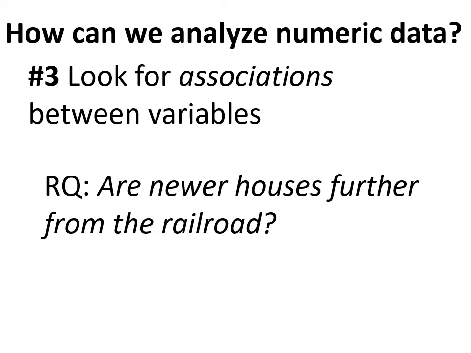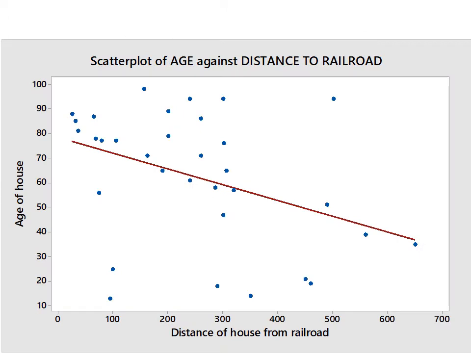Based on our comparison in earlier slides, we think this might already be taking place, but we want to see how systematic or how strong this association is. One way we can answer that question is to use something called a scatter plot.